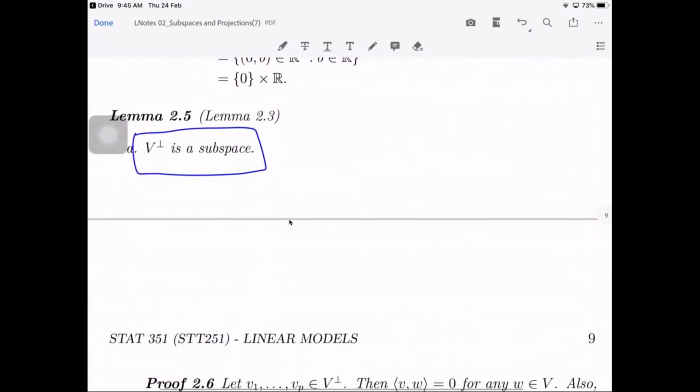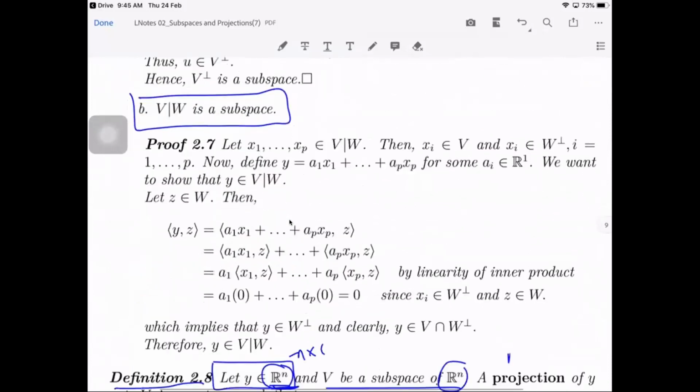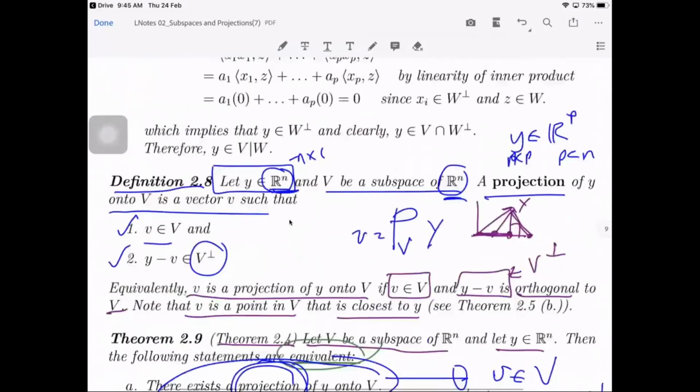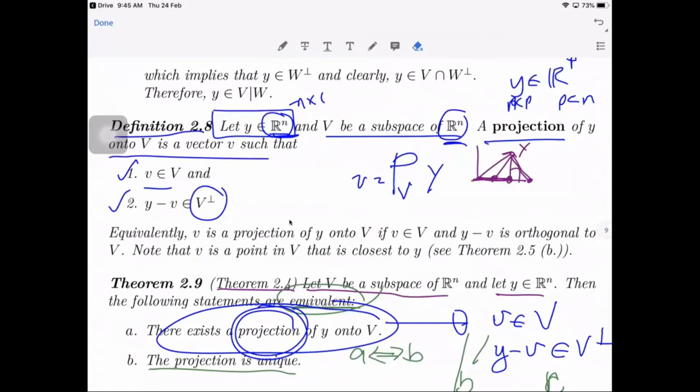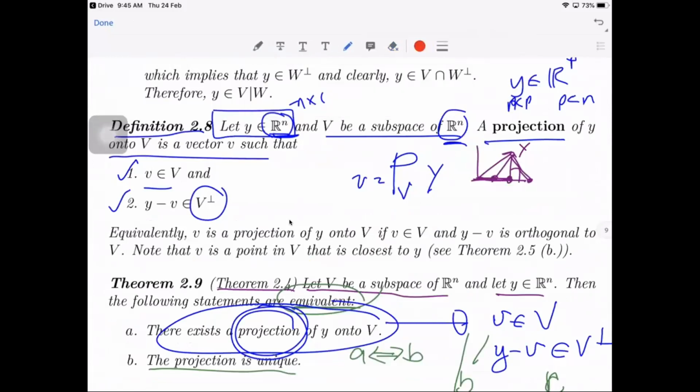Linear notes 1? Kini. Note that V is a point in V that is closest to Y.